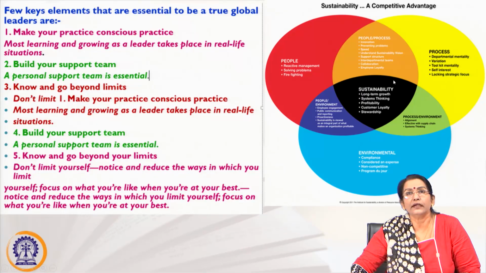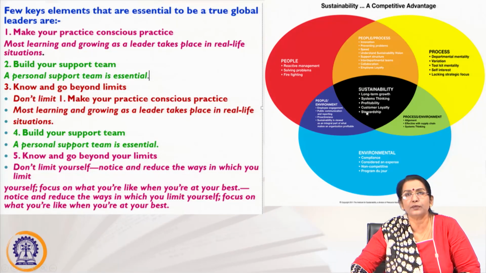This is the net outcome of these whole processes, activities and interactions, that is the sustainability outcome in terms of long-term goals, holistic thinking, systems thinking, profitability, customer loyalty, stewardship, brand name, future prospects. This is the ultimate outcome of sustainability, when these three drivers interact with each other and resolve their inter-driver issues.